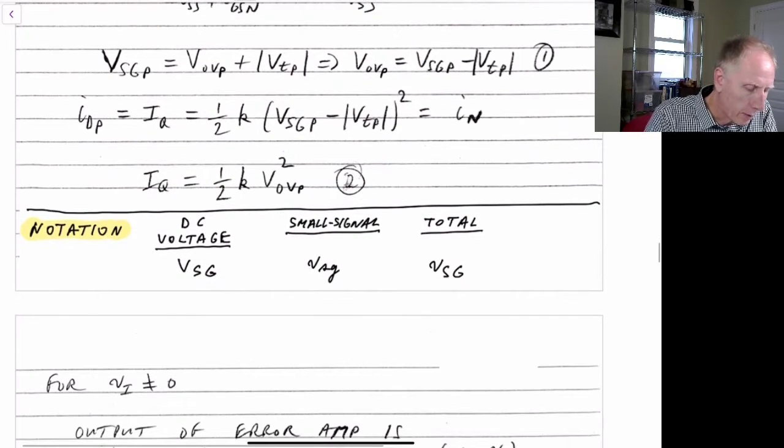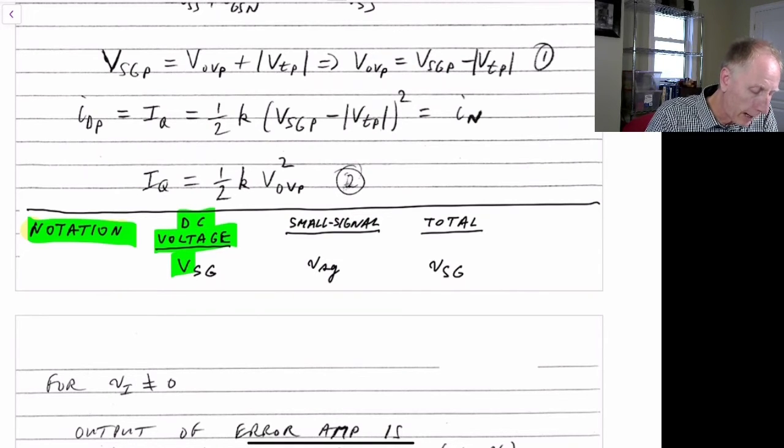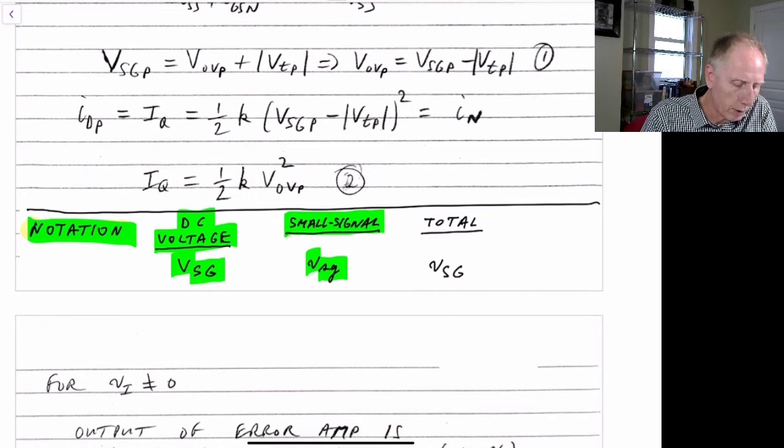Now we need to discuss notation for a second. We're using the notation that for a DC voltage or the bias voltage, we use a capital letter with subscripts which are also capital. So V sub capital S, capital G. For the small signal variations, we use a small v and the subscripts are small s and small g.